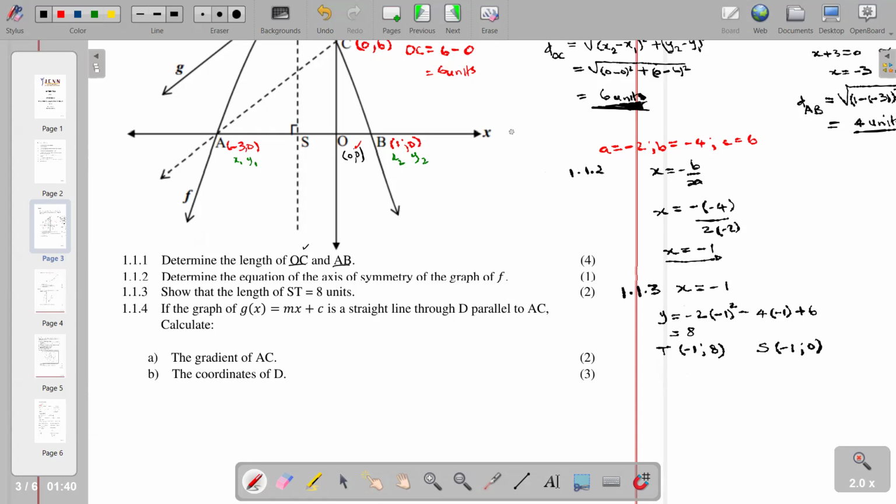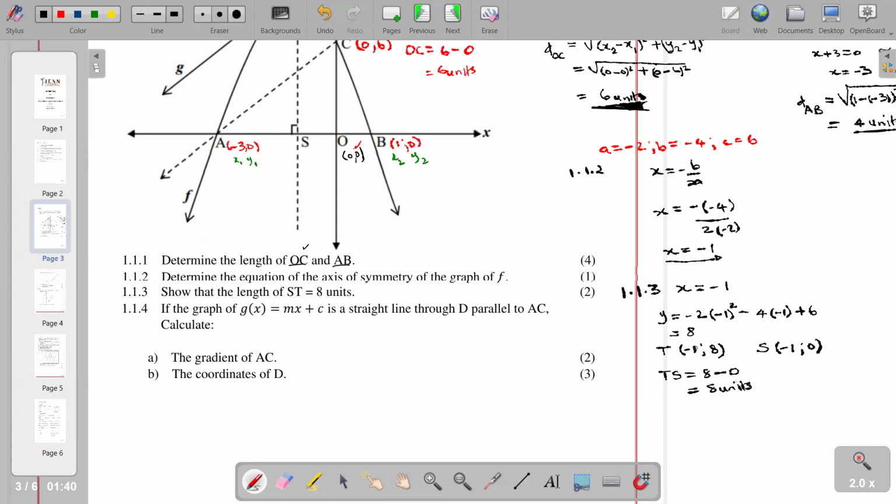From the previous question, to calculate the distance between two points where one is vertically above the other, you just say y above minus y below. So TS is equal to y above, which is 8, minus y below, which is 0. This will be equal to 8 units.